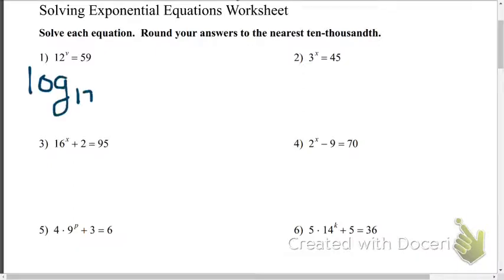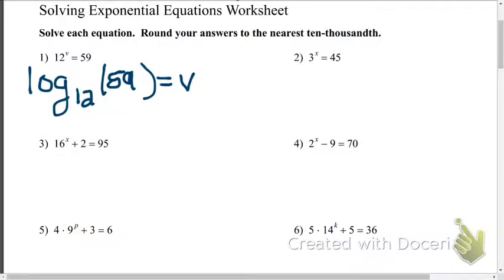Log base 12 of 59 is equal to v. When you are doing that, you need to be able to recognize that that is the correct form.